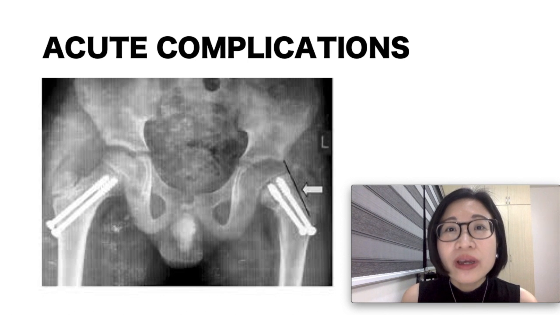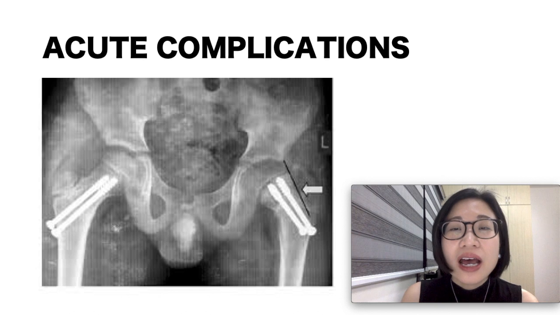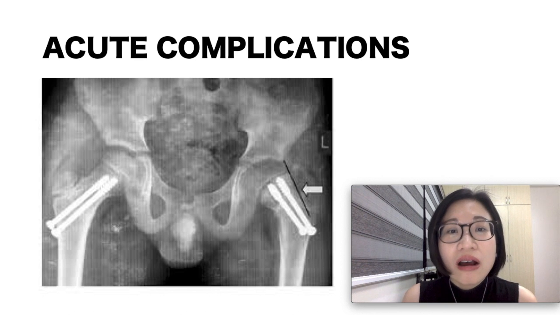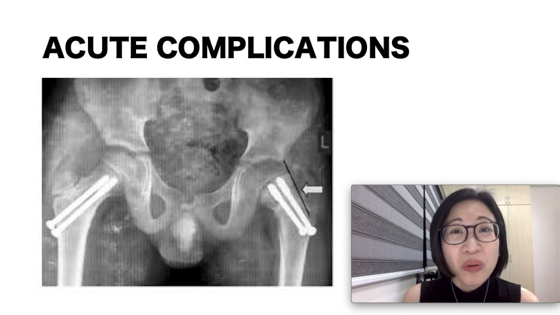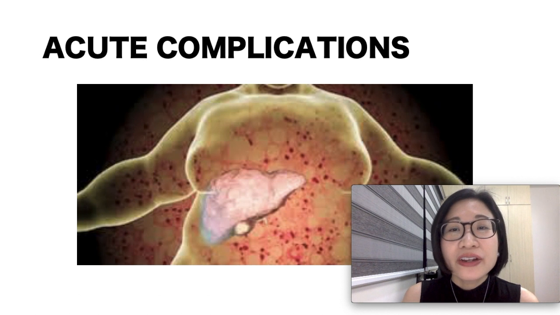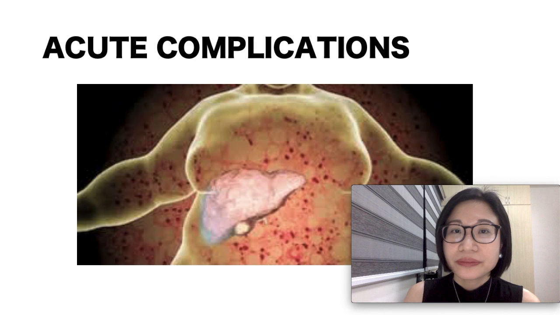Should we worry about childhood overweight and obesity? Yes, we do, because along with it comes complications. Acute or short-term complications that might arise from being overweight or obese are, number one, orthopedic disorders like genu valgum or a slipped capital femoral epiphysis that might require surgery. Another is non-alcoholic liver disease or a fatty liver.